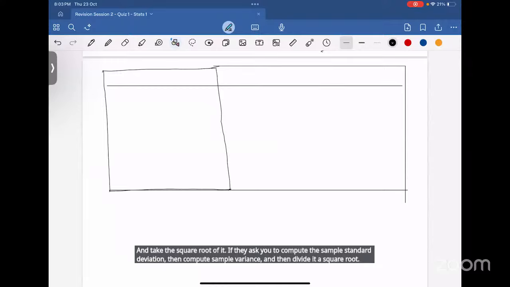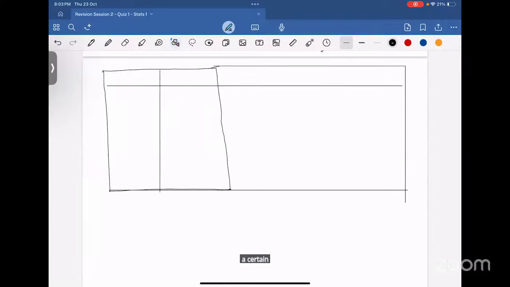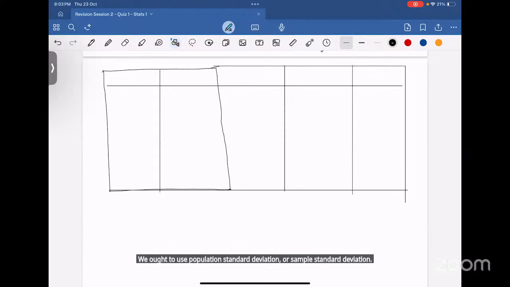Sir, in point biserial, do we have to use population standard deviation or sample standard deviation? So there also, I think it depends. Sir, for the second question, my answer came 1.48 and the accepted answer is 1.49.